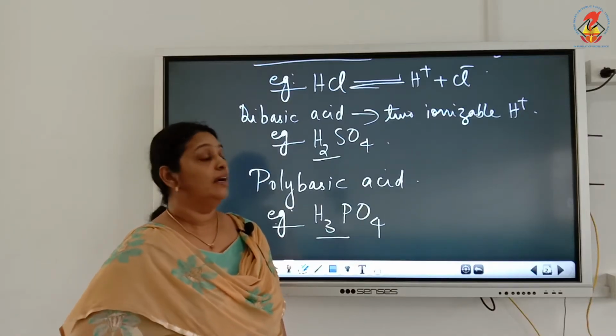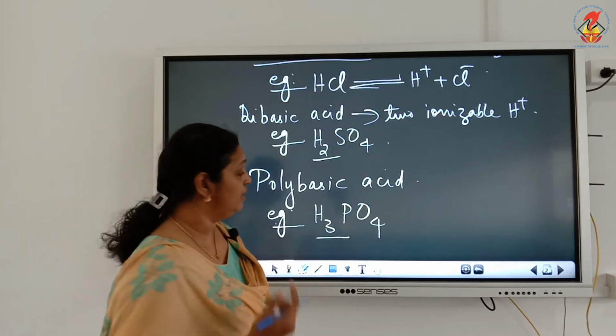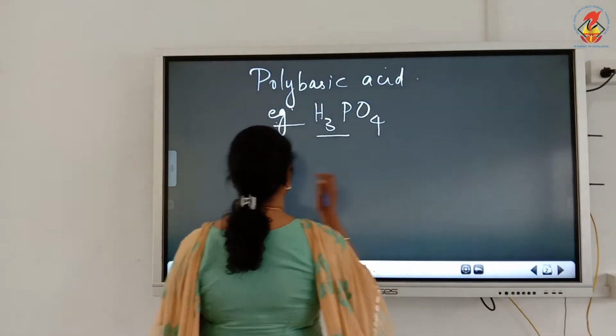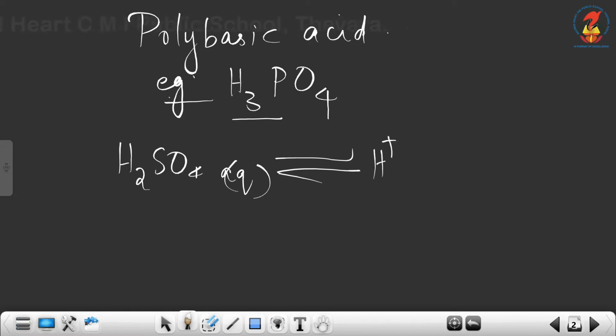Now, I am going to take H2SO4 and write its ionization equations. H2SO4 will dissociate to give, in the first step, one H+. When one H+ is removed from H2SO4, we get HSO4-.